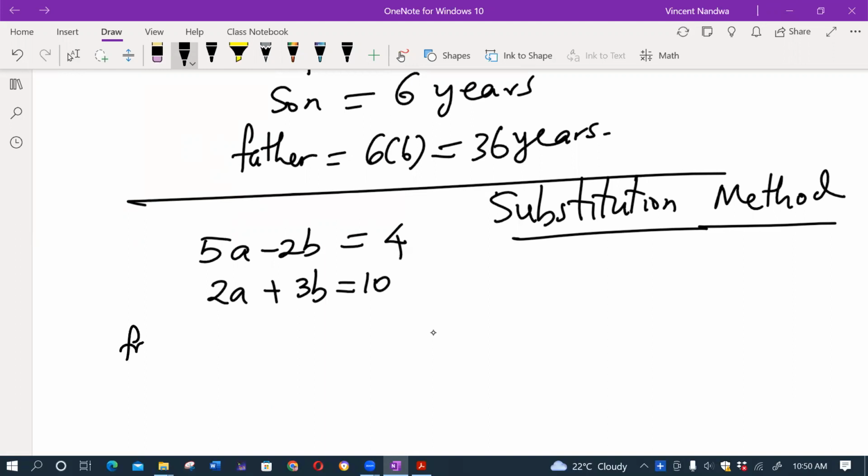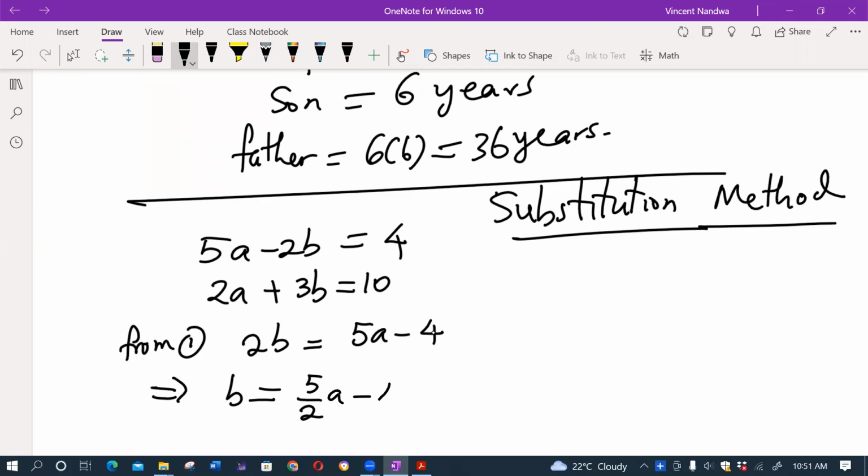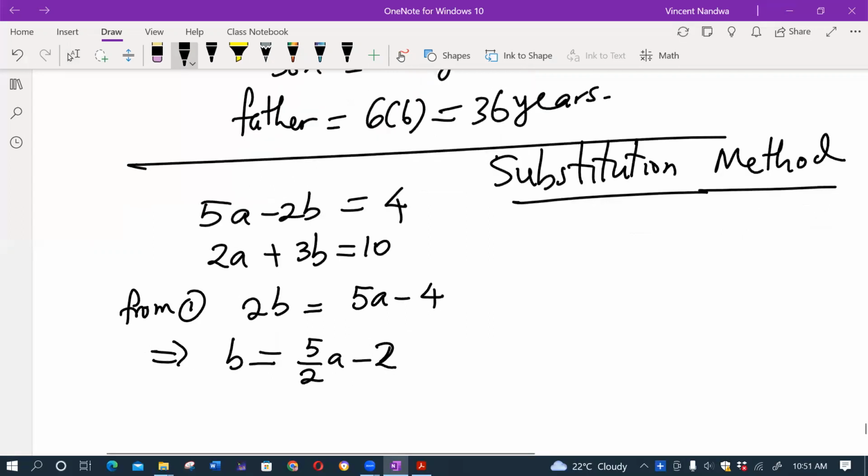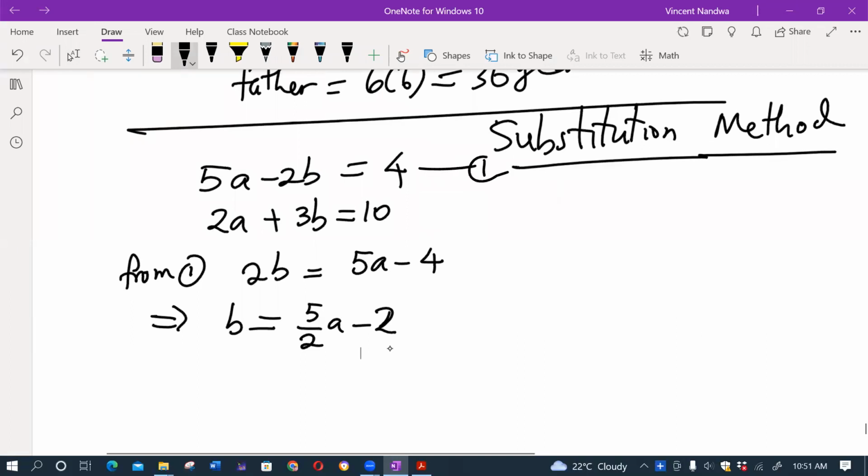E.g., from 1, we have 2b. When I take this one to the right-hand side, it will be positive, 4 to the other side will be negative. So 5a minus 4. So which means to get b, it will be 5 over 2 a minus 2. I'll be dividing through by 2. So call this equation 1, call this equation 2, call this one equation 3.